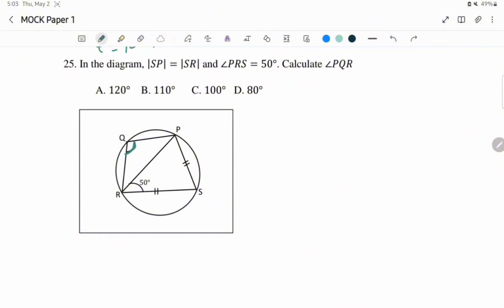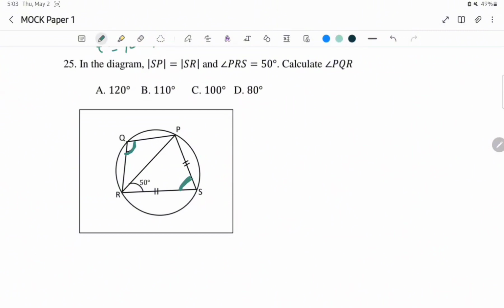Now, if they are equal, that means I can easily find the 2 other angles in that triangle. But do I need to find it? Of course I need to, because if I'm looking for the angle Q right here, it will be easy for me to find the angle if I know angle S, since they are opposite angles of a cyclic quadrilateral.